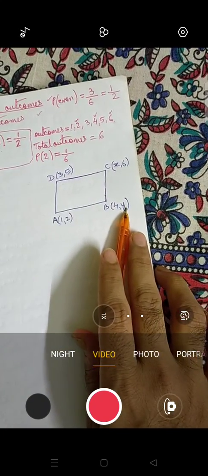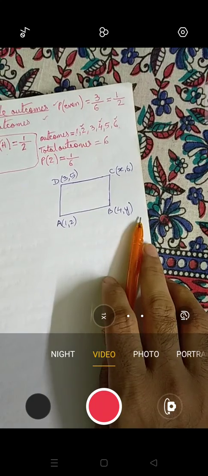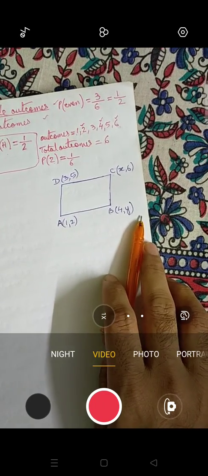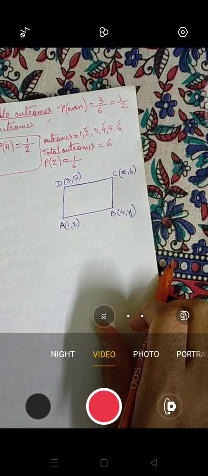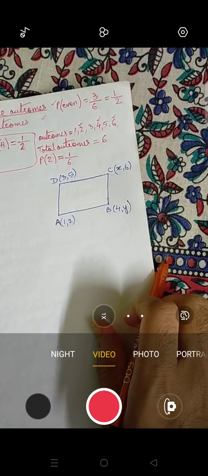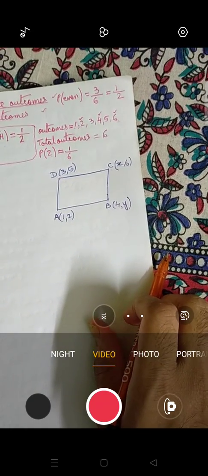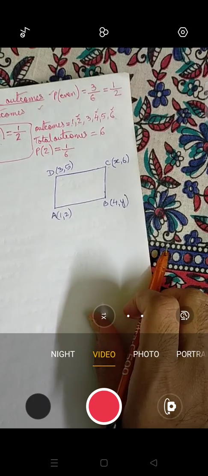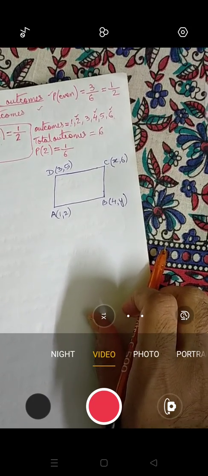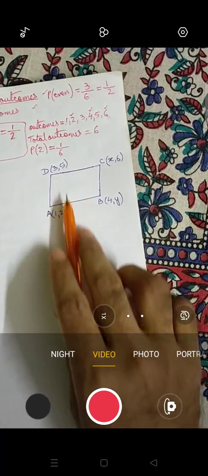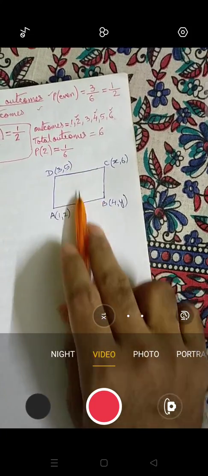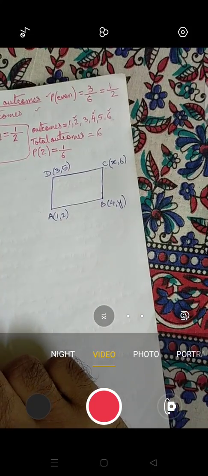Now in the question it was said that you have to find x and y. That means you need to find the value of x and y. So many students try to solve this one by comparing. They know that opposite sides of a parallelogram are equal.